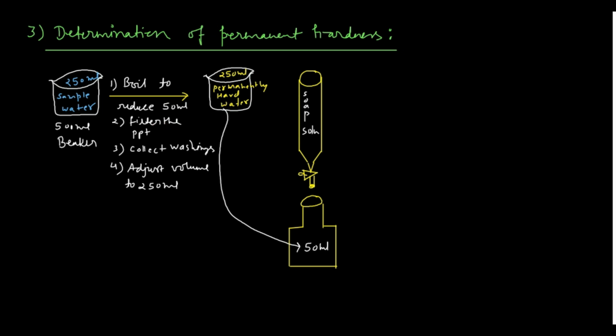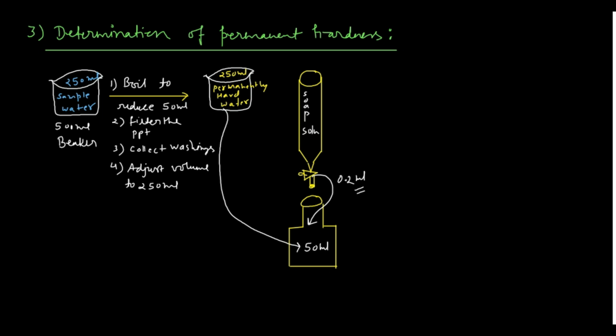Now from this 250 ml which I have made here, I'll take 50 ml into the glass stopper bottle and fill the soap solution into the burette, and again I'll proceed in the same way. That means the addition of 0.2 ml of soap solution. This is the standard procedure, but I'll prefer drop wise.